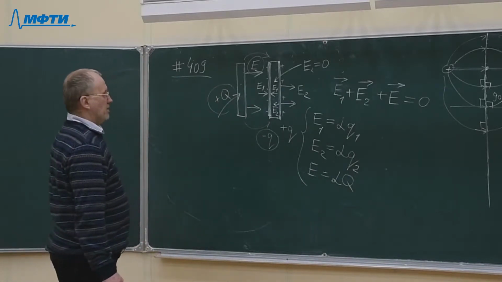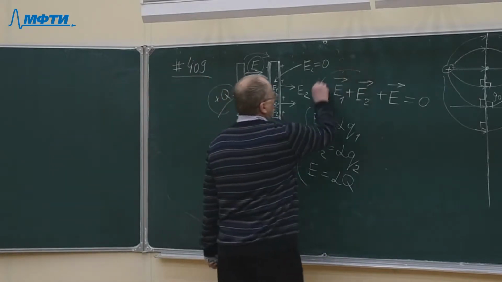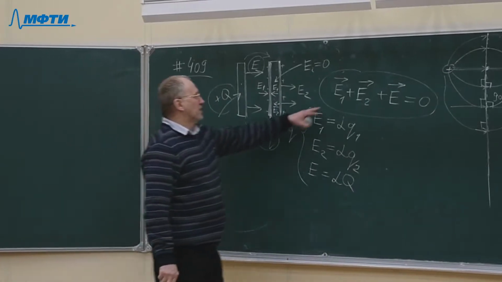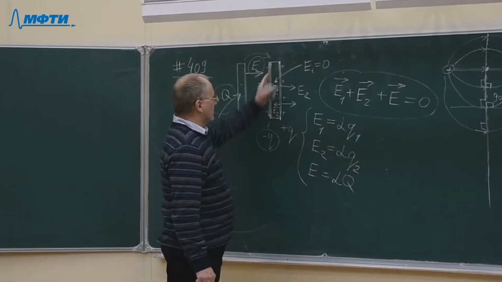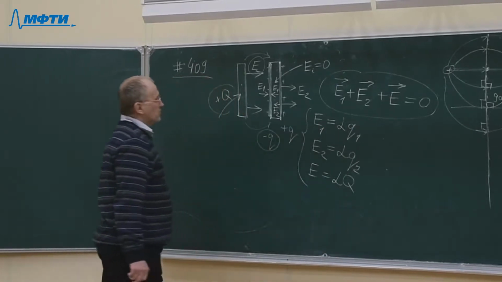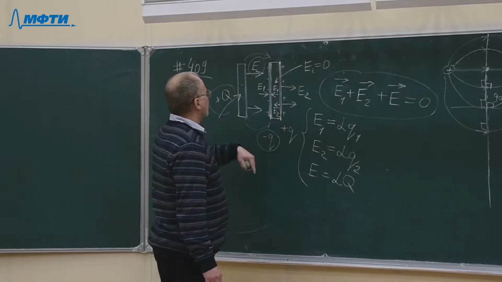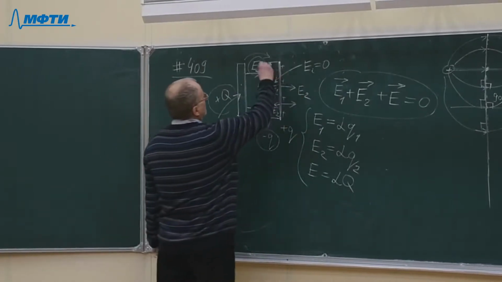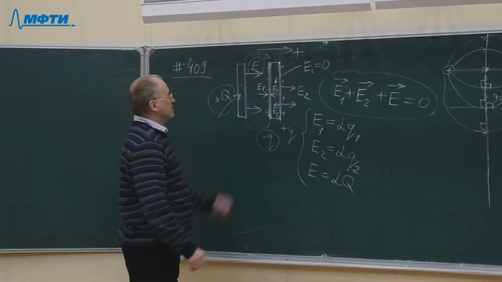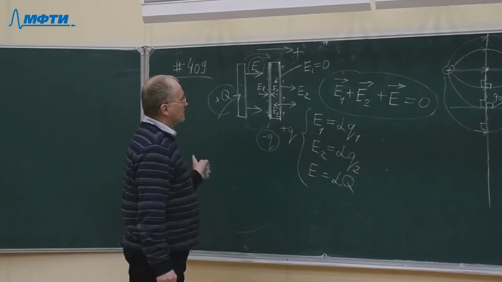So we have these conditions connecting the electric field generated by each surface charge. Now we can use the condition for the 0 electric field inside the second conductor, and the relationship between the fields and the charges on the surfaces. And we will take into account the direction of each vector. So let's assume that positive direction is to the right. All the vectors looking to the right will be positive, and all the vectors looking to the left will be negative.